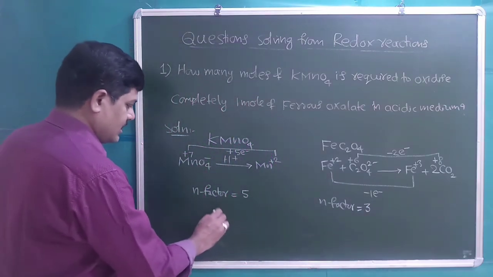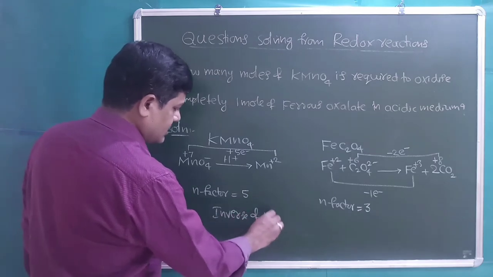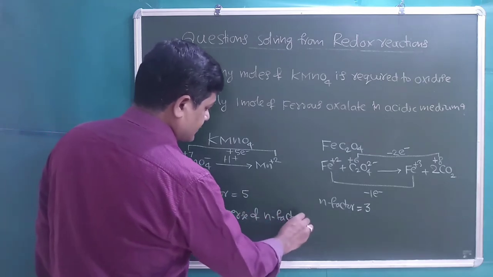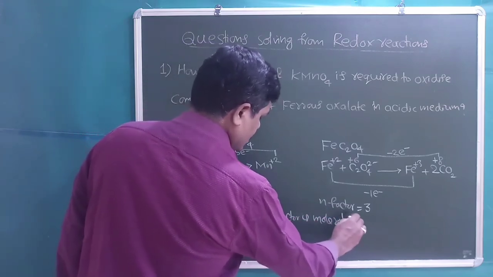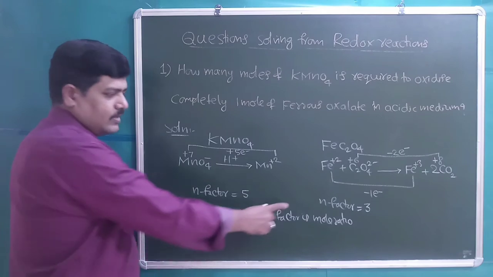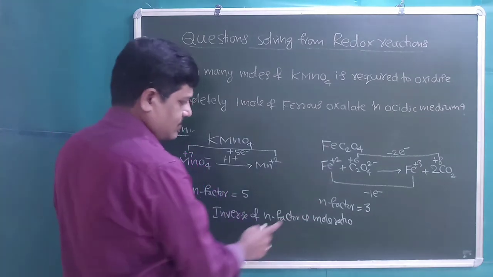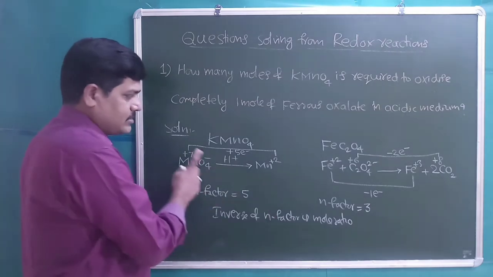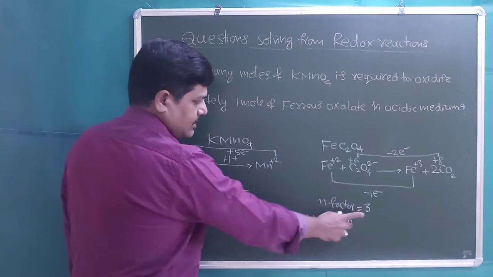Then students, the inverse of N factor is the mole ratio. So simply we have to reverse it. The N factor for ferrous oxalate will become the number of moles of potassium permanganate, and the N factor for potassium permanganate will become the number of moles of ferrous oxalate. What is the N factor for FeC2O4? It is 3.